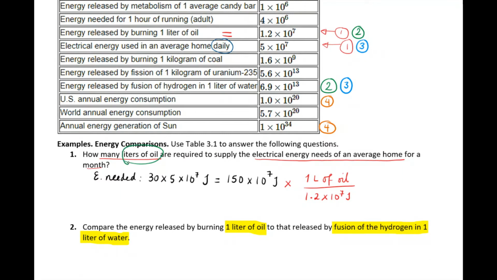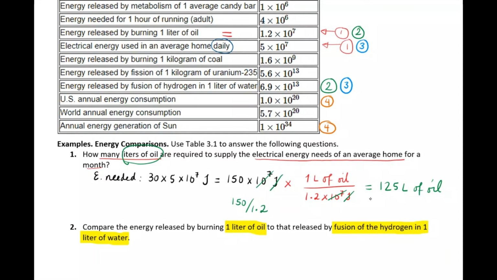In this form the joules cancel, and the 10 to the 7 cancels, so I just need 150 divided by 1.2, and the outcome unit will be liters of oil. In a calculator I got 125. So 125 liters of oil is needed to supply the energy of an average home for a month.